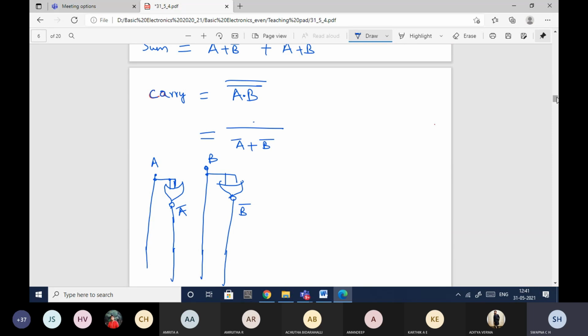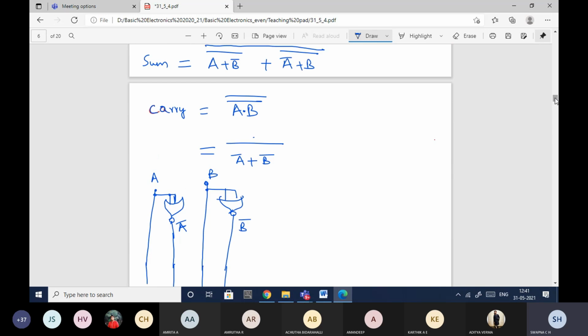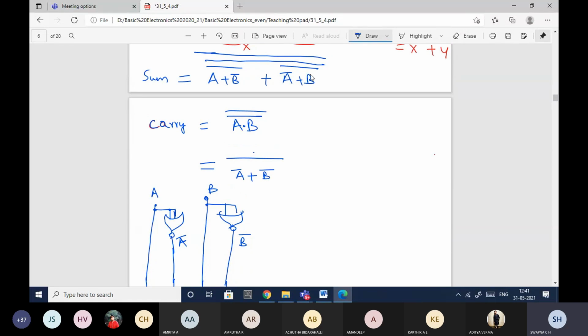So what is the equation? First, we'll try to implement the sum equation. So it is A plus B bar whole bar. This is my A, this is my B bar, plus I need an OR gate, and whole bar I need to get the complement.